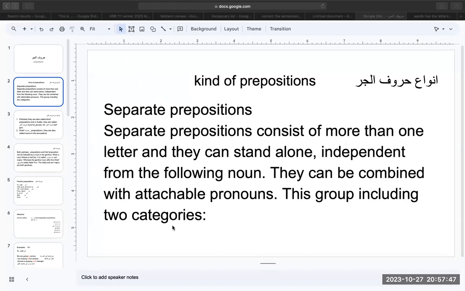So the separated group of the preposition consists of two groups, okay? One of them can stand by itself, and the other one, in the same group, could be attached to one of the attachable pronouns. Now, I want you to remember what the attachable pronoun is: the pronouns we use to attach to the noun that include the ownership, the possessive, okay?